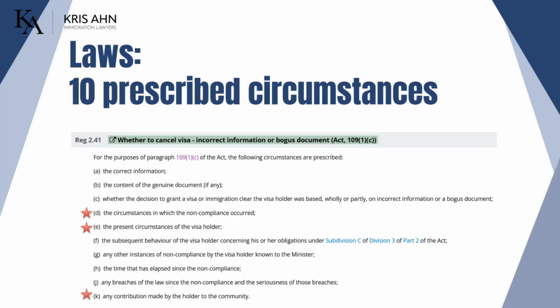And this is listed in Regulation 2.41 of the regulations. We also say that the cancellation power is a discretionary power, because the decision maker needs to consider all these 10 elements and make a decision to cancel or not cancel. These 10 prescribed circumstances are the main arguments we're going to make, and it's the main effort we put into this matter.